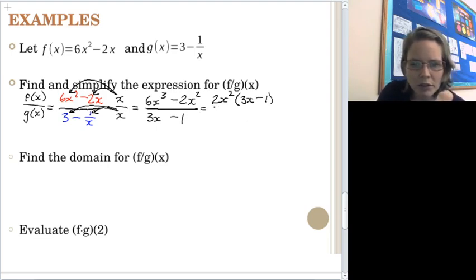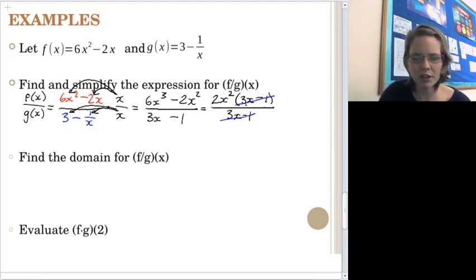So I've got 2x squared times 3x minus 1. And on the bottom, I still have a 3x minus 1. Well, this factor on the top matches my entire denominator, so I can simplify this down. This will cancel and leave me with a final answer of just 2x squared. So there's my simplified formula.